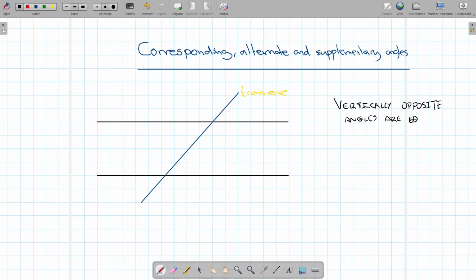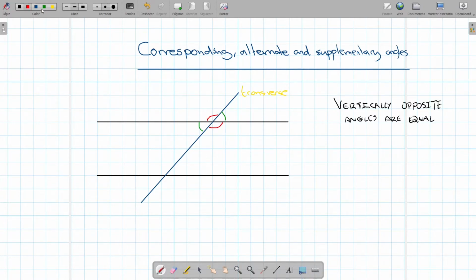And which ones are vertically opposite? This angle and this angle are vertically opposite. They're equal. This angle and this angle are vertically opposite. They're angles that are facing each other at either side of one straight line with respect to the transverse.